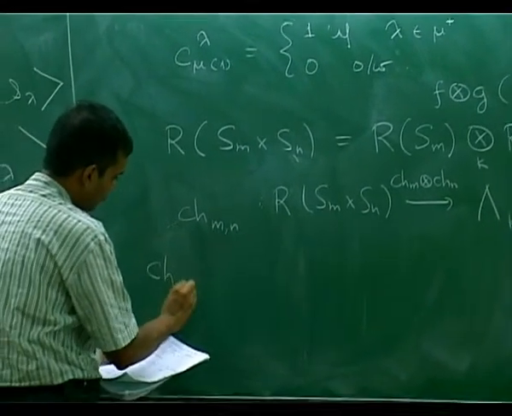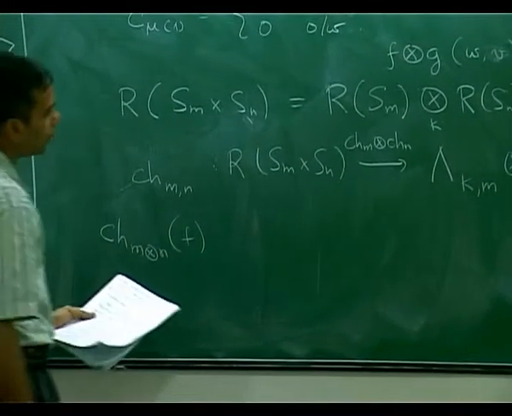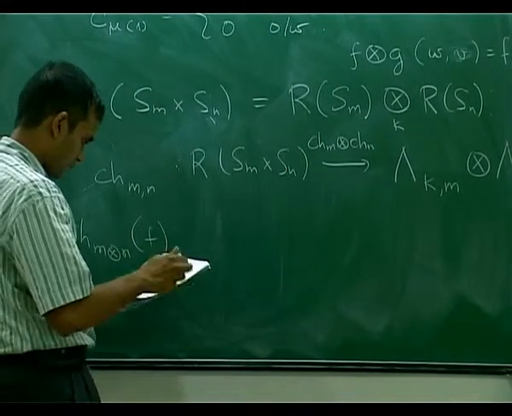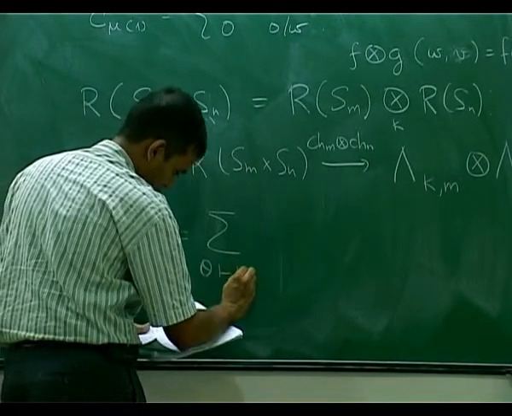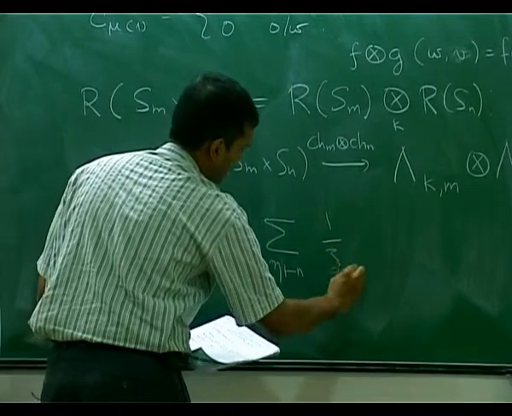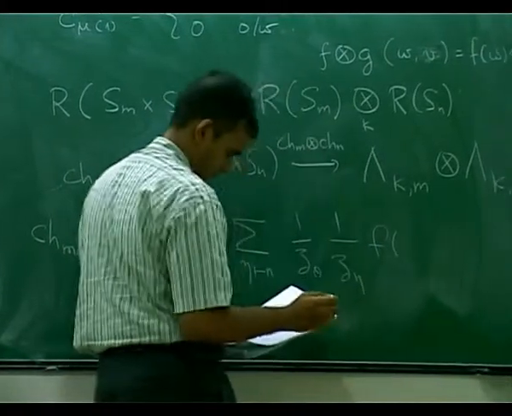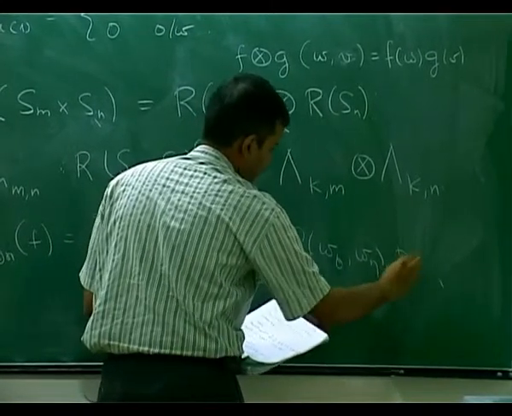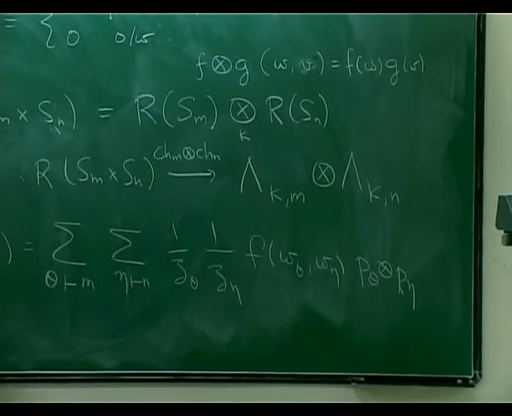The first is that if you look at this, you can ask what it is in terms of this interpretation, and it turns out that you take a partition theta, sum over partitions theta of m, sum over partitions eta of n, 1 over z theta, 1 over z eta, f of w theta, w eta, p theta tensor p eta. That's what it turns out to be.